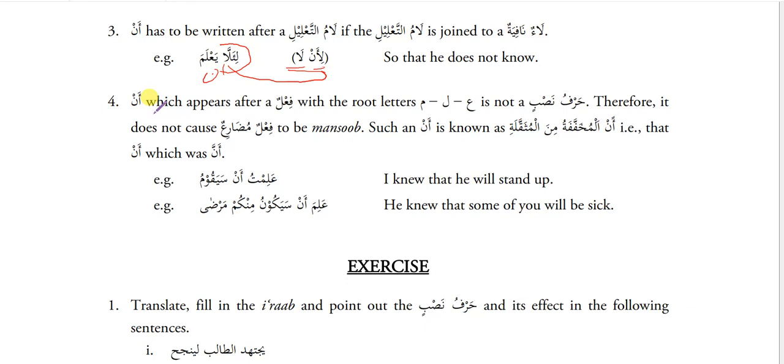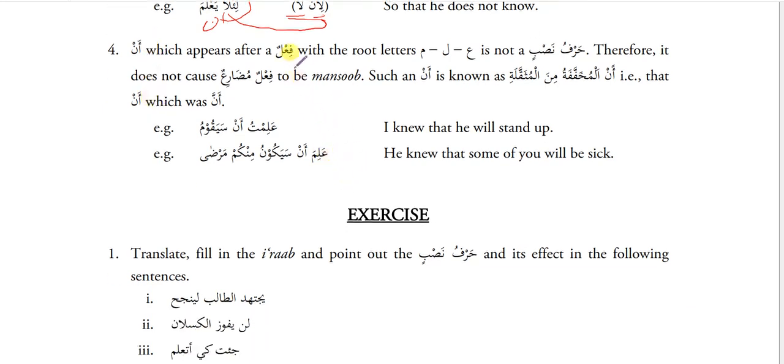Now the fourth rule of an is that an which appears after a fail with the root letters of mim, lam and ain is not harfun nasab. Therefore it does not cause fi'l mudari to be mansub. Such an is known as an al mukhaffafatu min al musaqqala, that is the an which was anna. This an is actually anna, and this anna is actually used on ism instead of fail.